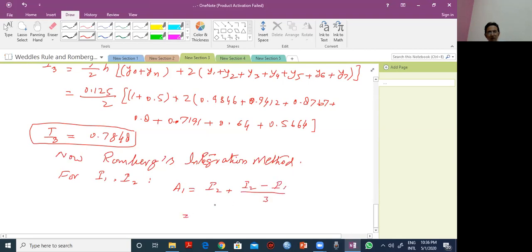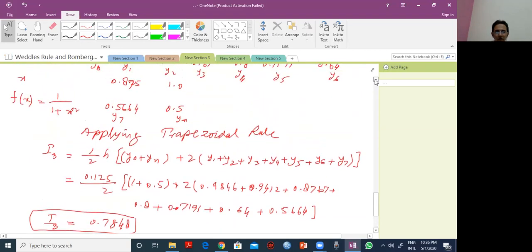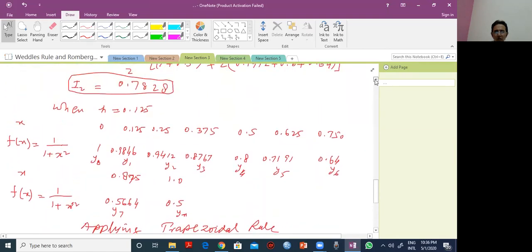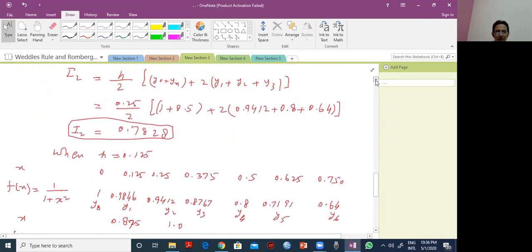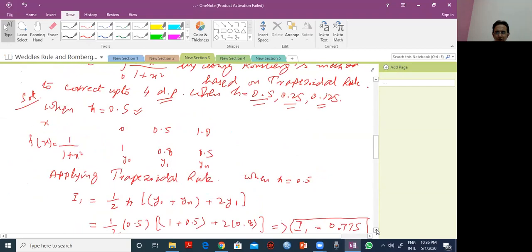Now the student, I2 is the value we determined before. I2 is 0.7828 and I1 is 0.775.